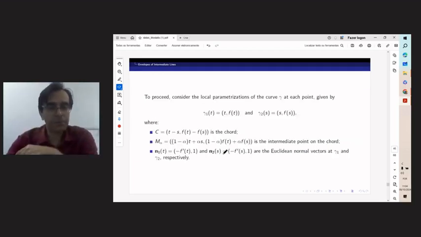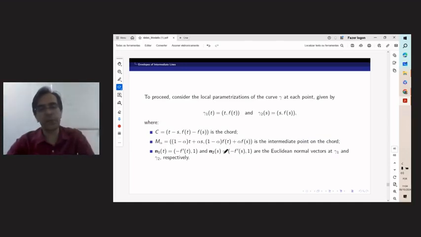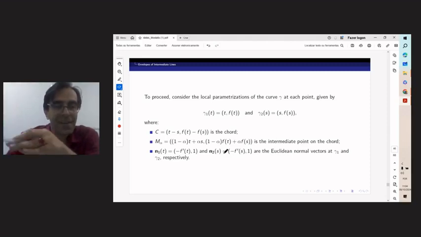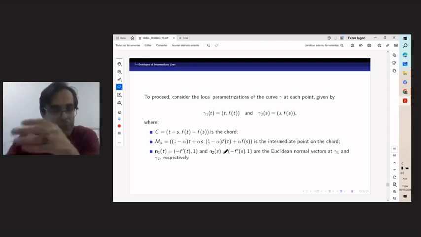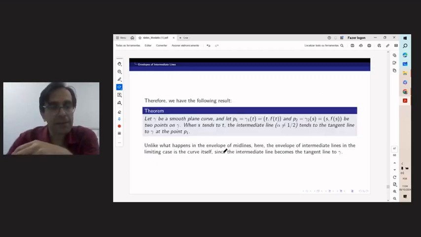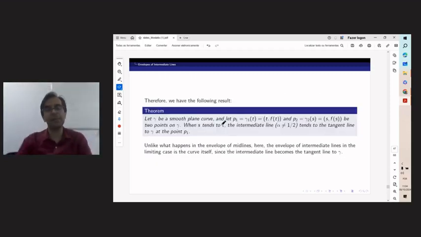And we did this calculation. I don't want to enter into details.